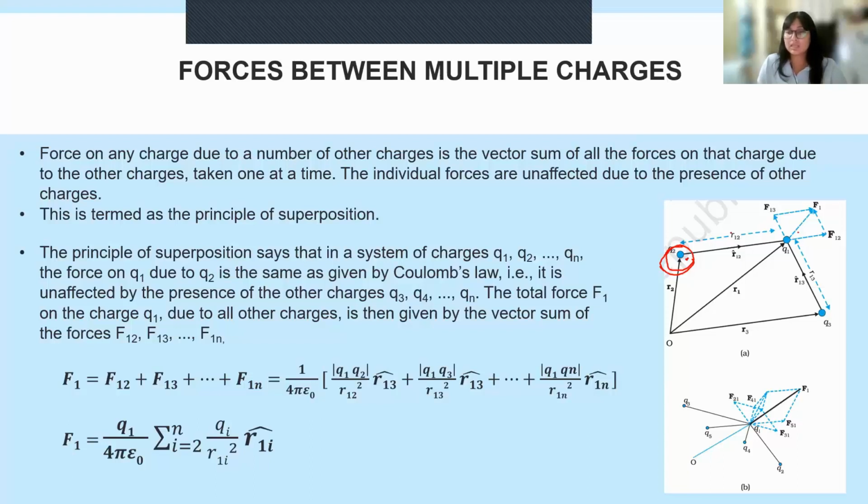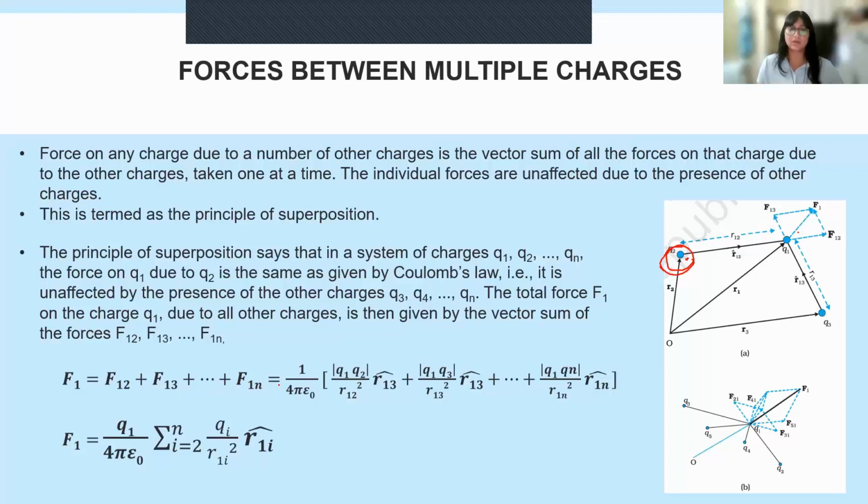So the force that Q1 experiences due to Q2 is given by Coulomb's law, and this force is not affected by F13, F14 or F1n. It is not dependent on the other charges. So the total force F1 on the charge Q1 due to all other charges is given by the vector sum: F1 equals F12 plus F13 all the way till F1n.